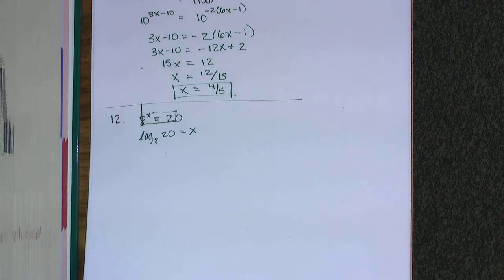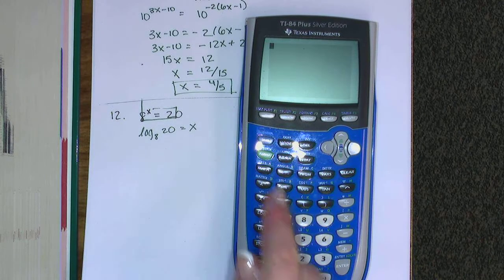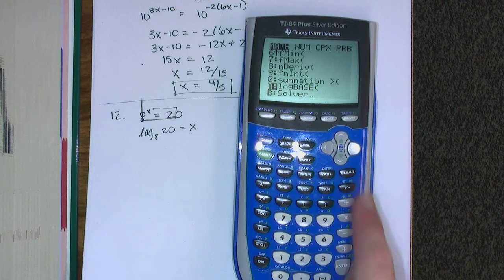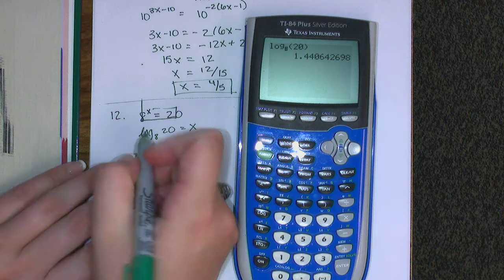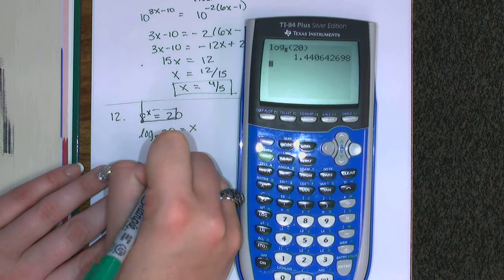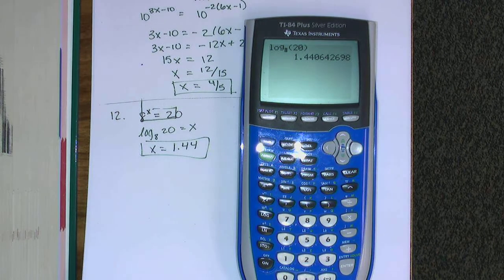Now I can go to my calculator. I can use the math function, arrow up to log base, type in 8, type in 20, 1.44. So x is equal to 1.44. And that's all we're going to do there.